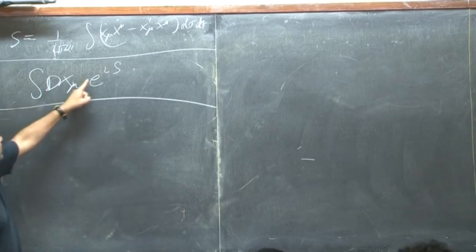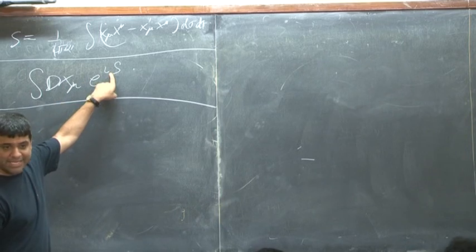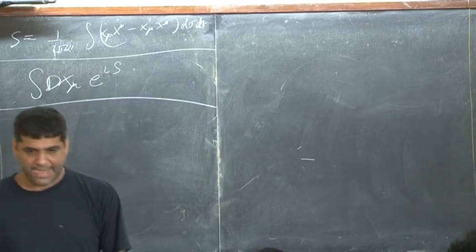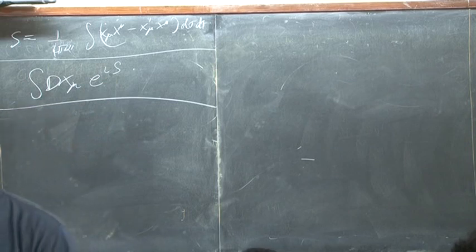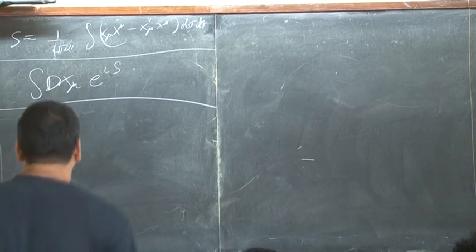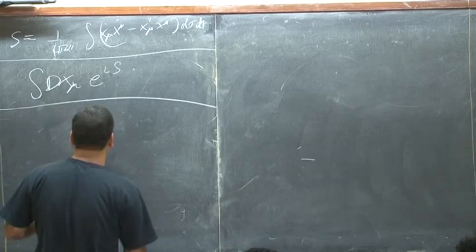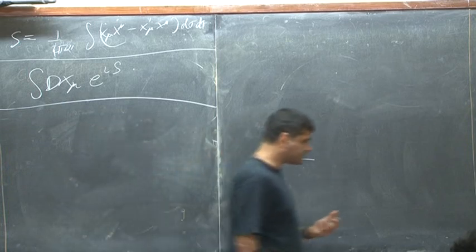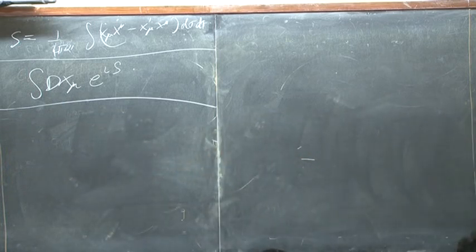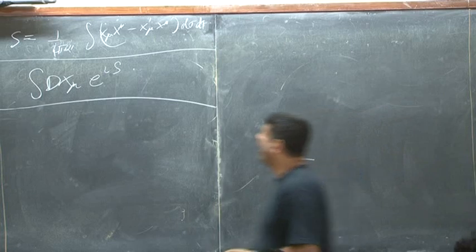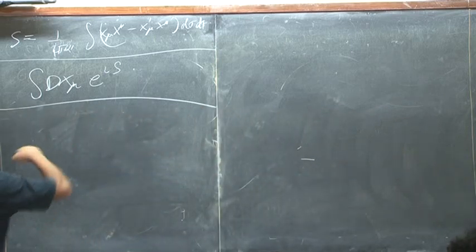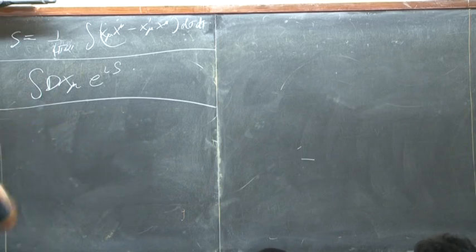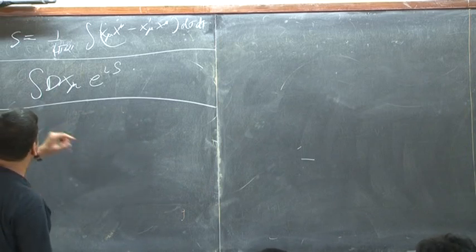We want to turn this e to the power iS into e to the power minus S. And the way we do that is basically as follows.